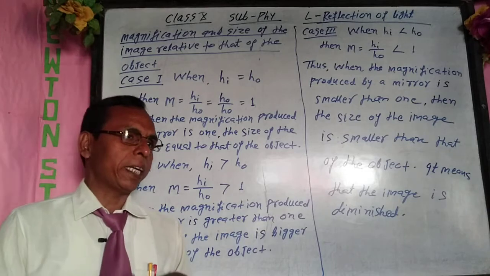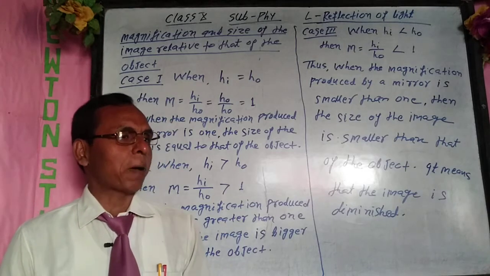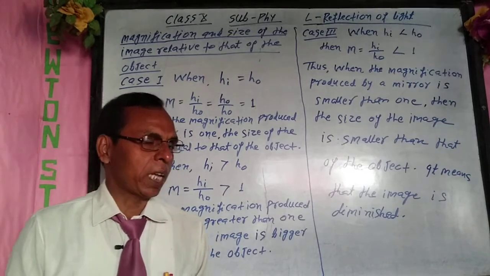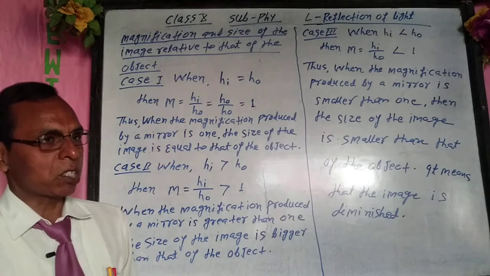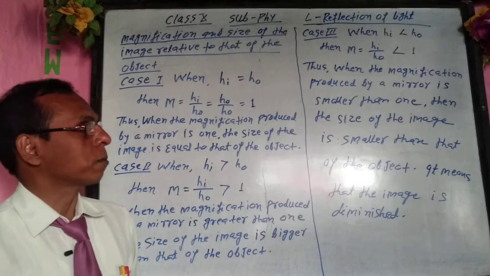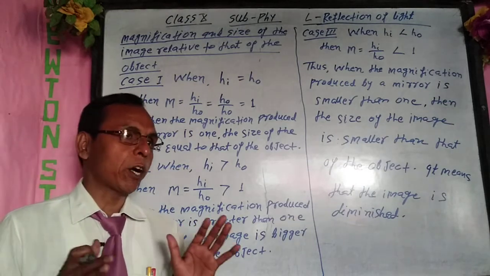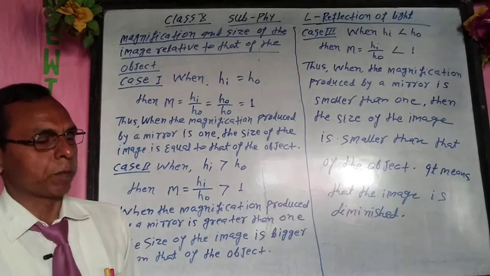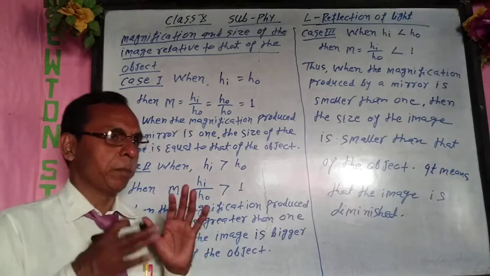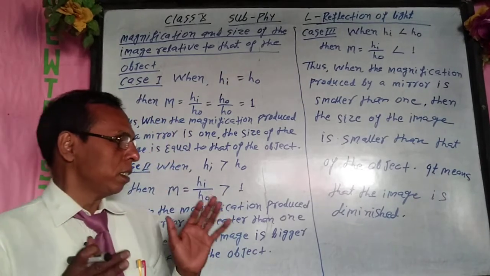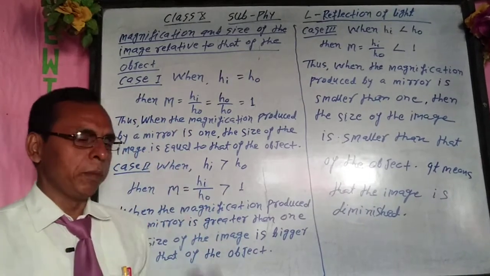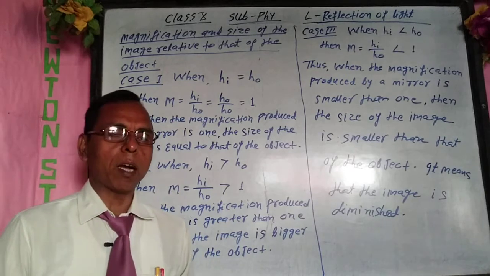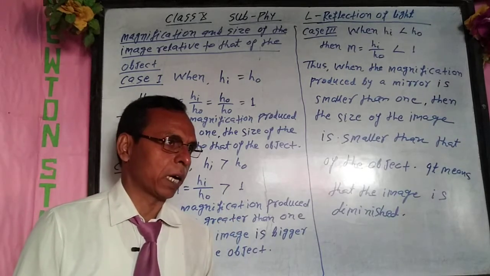When magnification is smaller than 1, then the height of image is smaller than that of the object. It means that the image is diminished. Image जो है ऑब्जेक्ट से छोटा होगा.